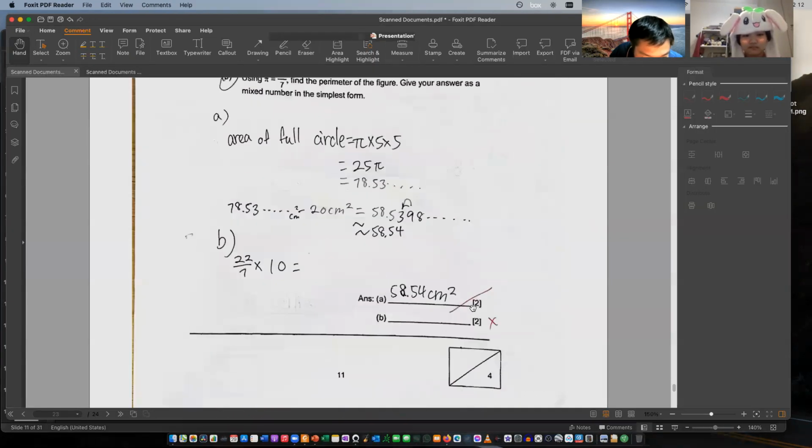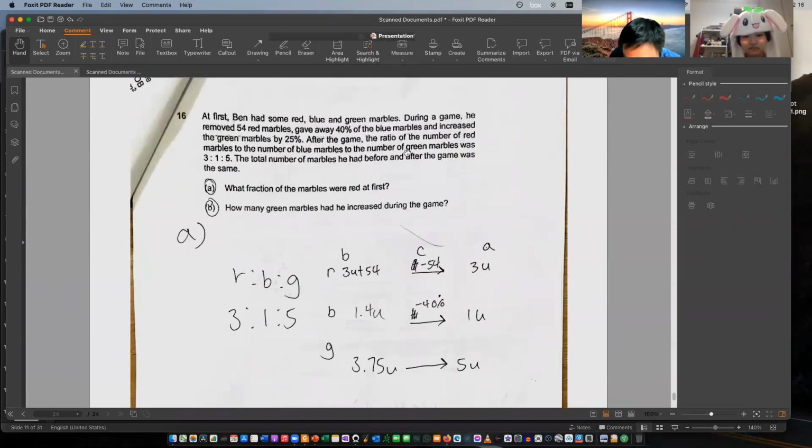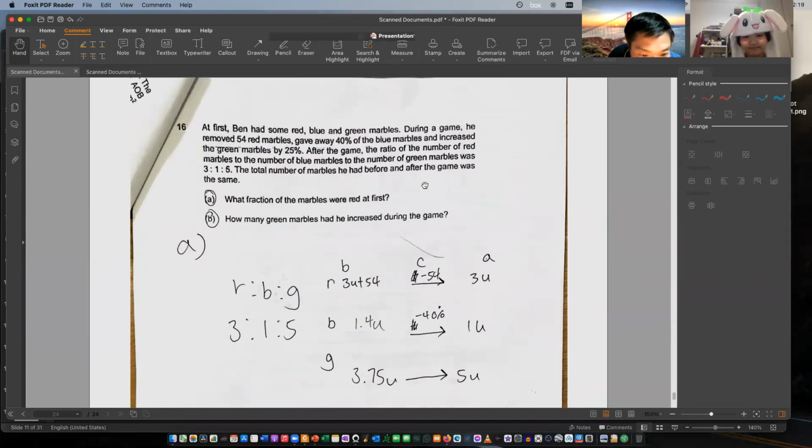Okay, next. Oh, this one. So what's wrong with this? Ben has some red... during a game he removed 54. He says after the game, the ratio of the number of red, blue, green is 3U, 1U, 5U.